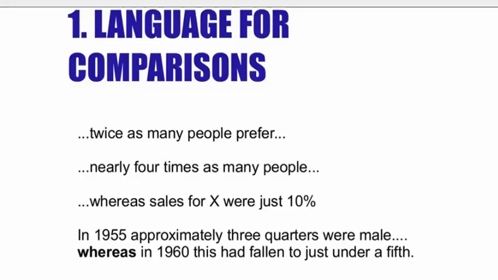Next one. Whereas sales for X were just 10%. So I'll just link those together. What we could say is, in 1955, approximately 3/4 were male, whereas in 1960, this had fallen to just under 1/5. Okay, that's a useful little phrase there, whereas. Especially when we were making the comparisons.